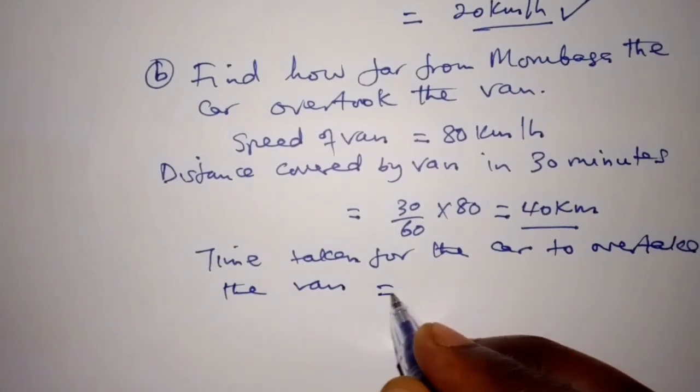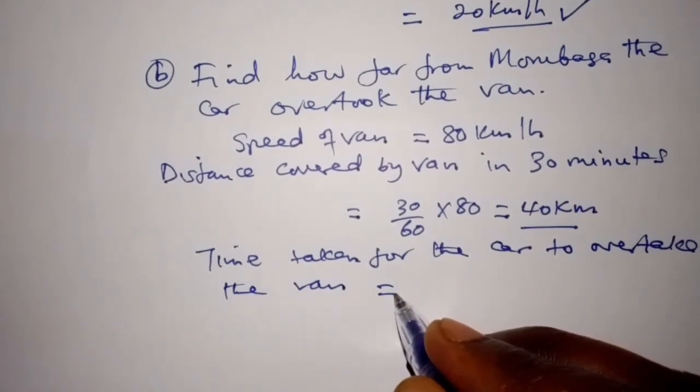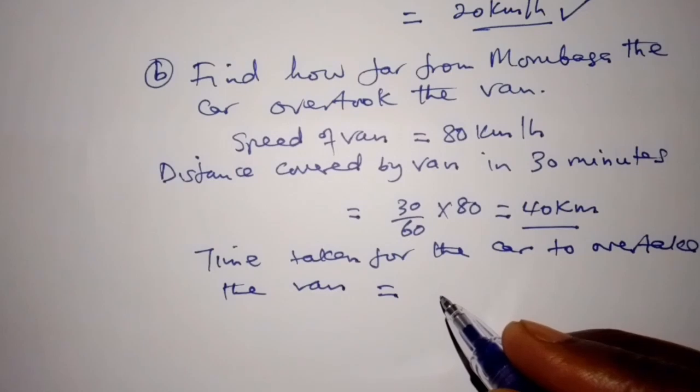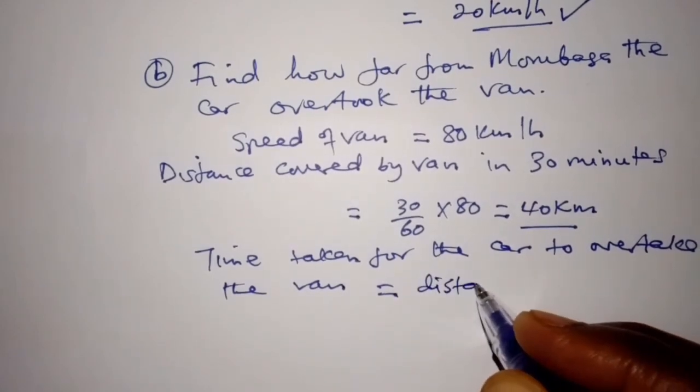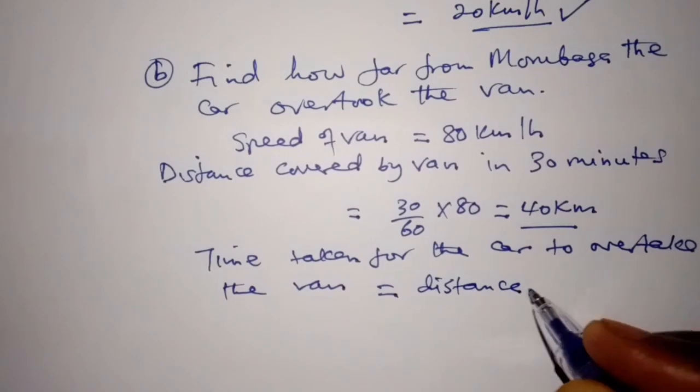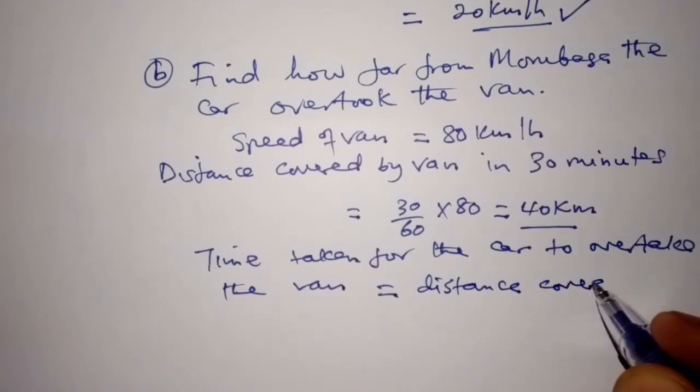Time taken is given by the distance covered by van in 30 minutes over relative speed of two vehicles.